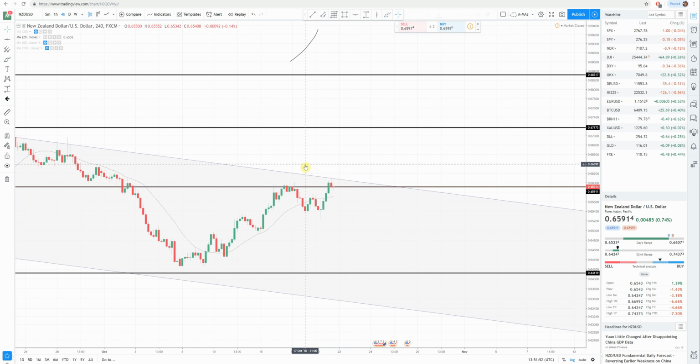around this level, because it is a confluence of the trend line resistance and the horizontal resistance at around 0.659 or 0.66 level, and see if we can have a move back down to support levels. If that happens, we have a big reward of around 180 pips or so.